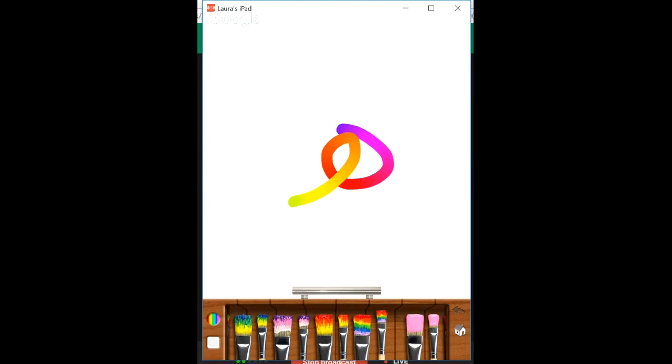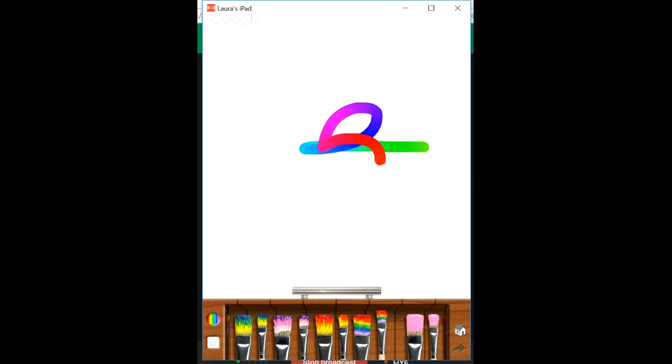So this is ha in isolation, and this one is ha at the beginning of a word. Ha in the middle of a word looks like this, and ha at the end of a word looks like this.